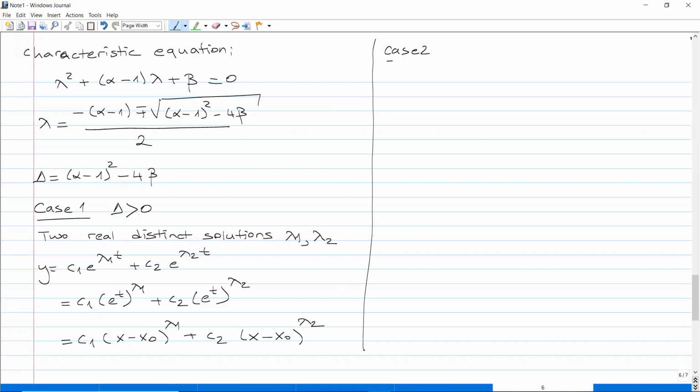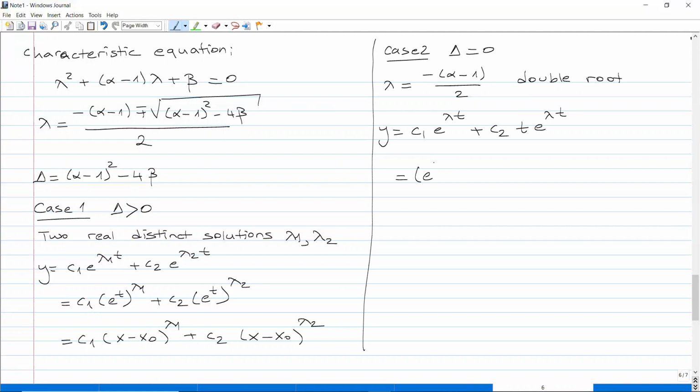Now, if the discriminant is 0, then we have a double root. Lambda equals minus alpha minus 1 over 2 is a double root. So the solution is C1 e to the lambda t plus C2 t e to the lambda t. e to the lambda t is common, so e to the t to the lambda times C1 plus C2 t.